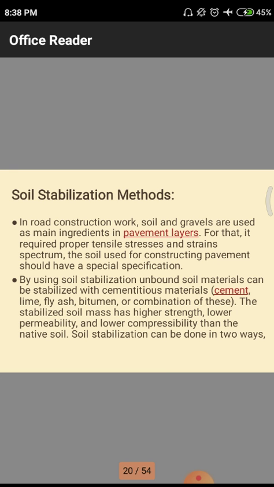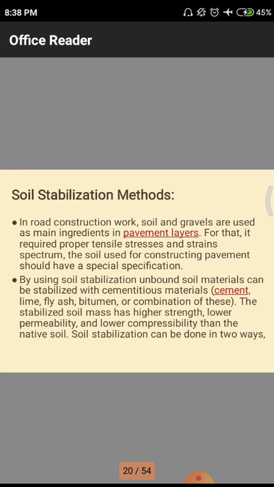For the top layer, whether we go for a cement road, normally cement material is used. Whether we go for a tar road, normally bitumen is used for constructing a flexible pavement like tar roads. If we construct a rigid pavement, we have to use cementitious material.